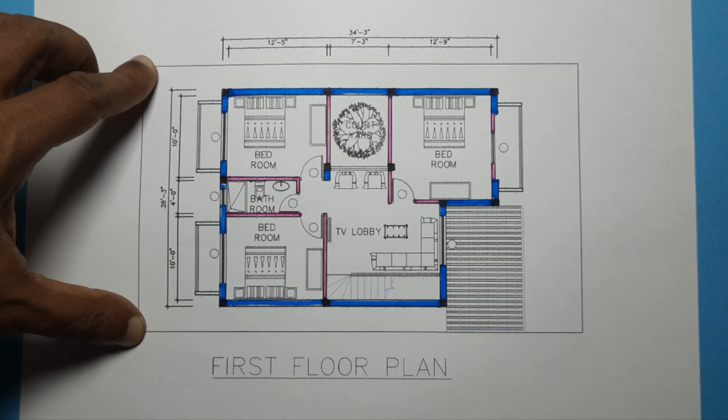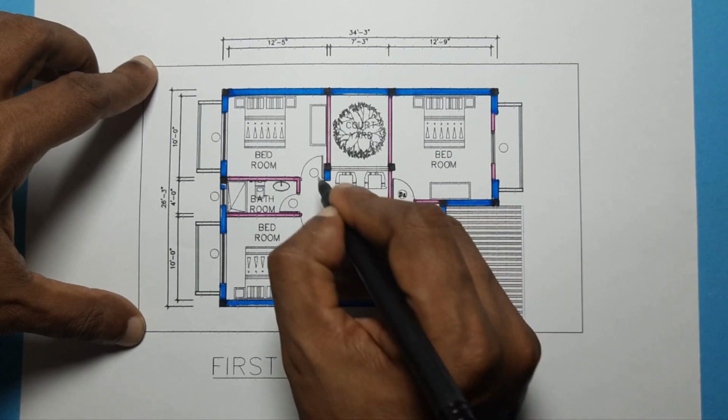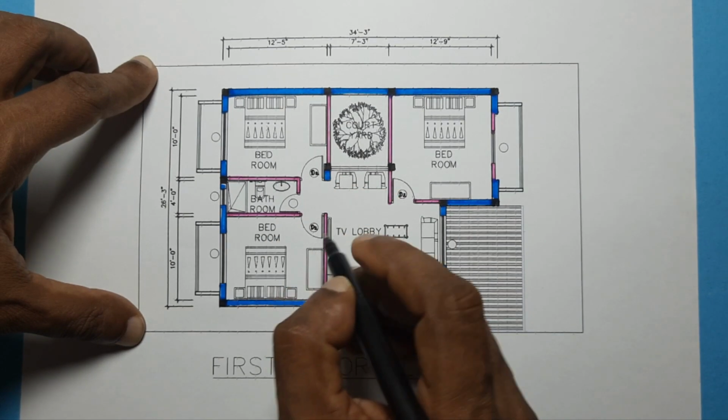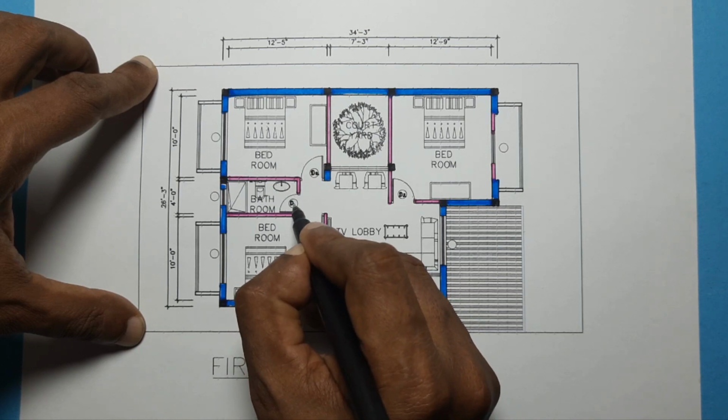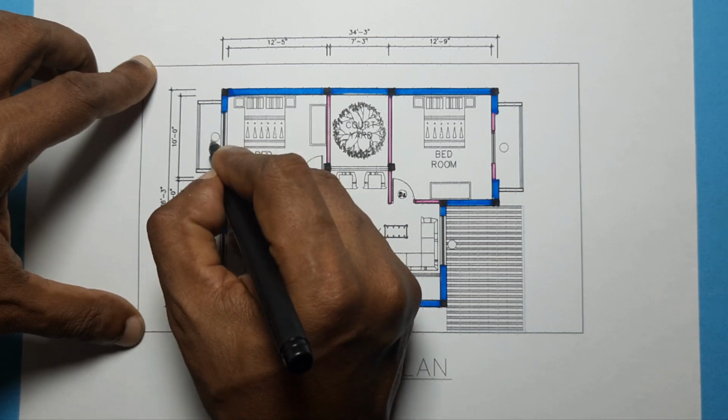Now I will give you the door and window sizes. Room doors will be D2. Bathroom will be D3. All the room windows will be W2.